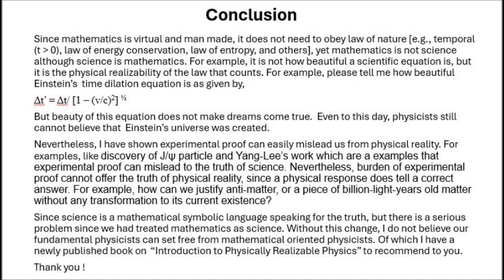Nevertheless, the burden of experimental proof cannot offer the truth of physical reality, since a physical response does not tell a correct answer. For example, how can we justify antimatter or a piece of billion-light-year-old matter without any transformation to its current existence?